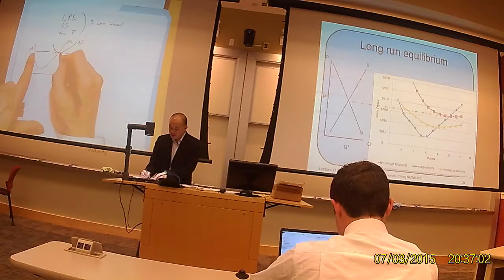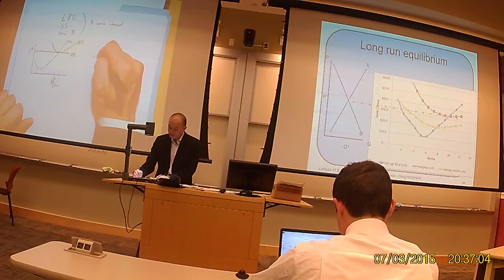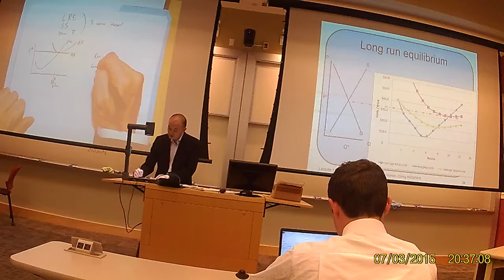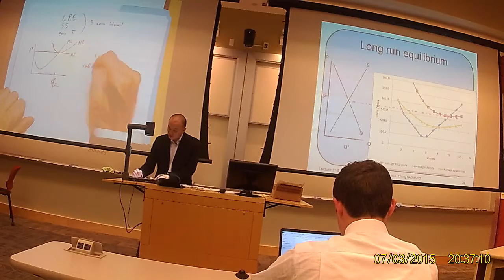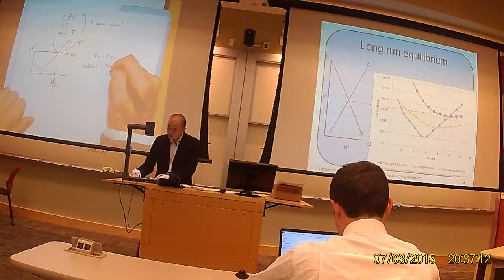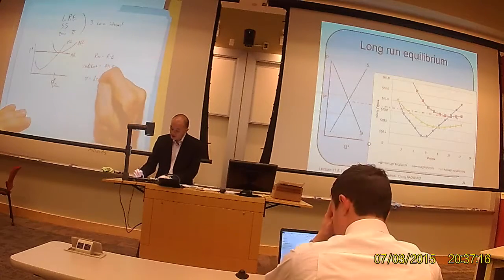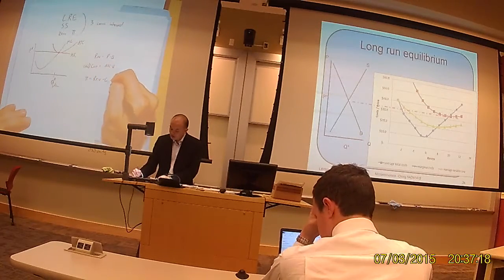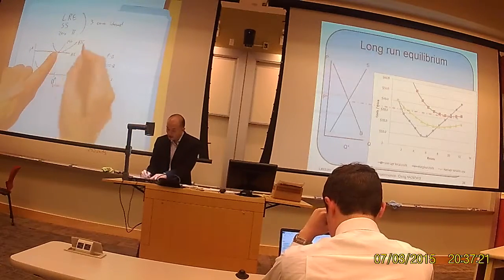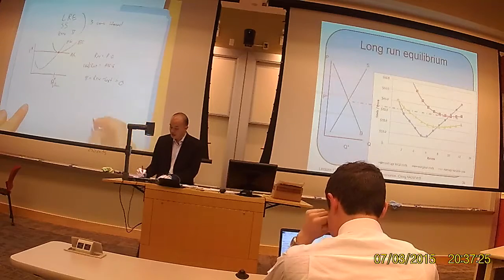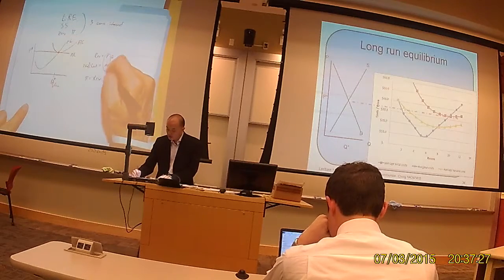Revenue is equal to price times quantity. Costs, total cost, is equal to average total cost times quantity. And profit is revenue minus cost. In this case, since the price and the average total cost at that point are the same, profit is going to be 0.